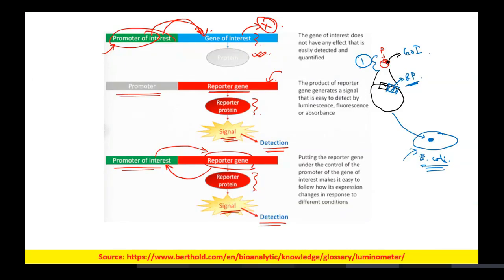So if there is a high activity, that means the promoter gene is being activated, and if the light is reduced, then that means the promoter gene is being suppressed. Okay.